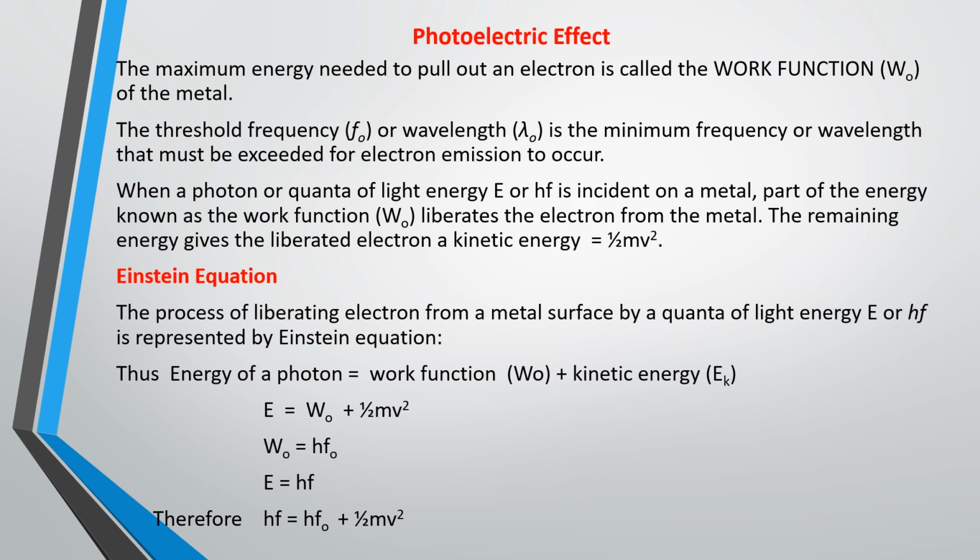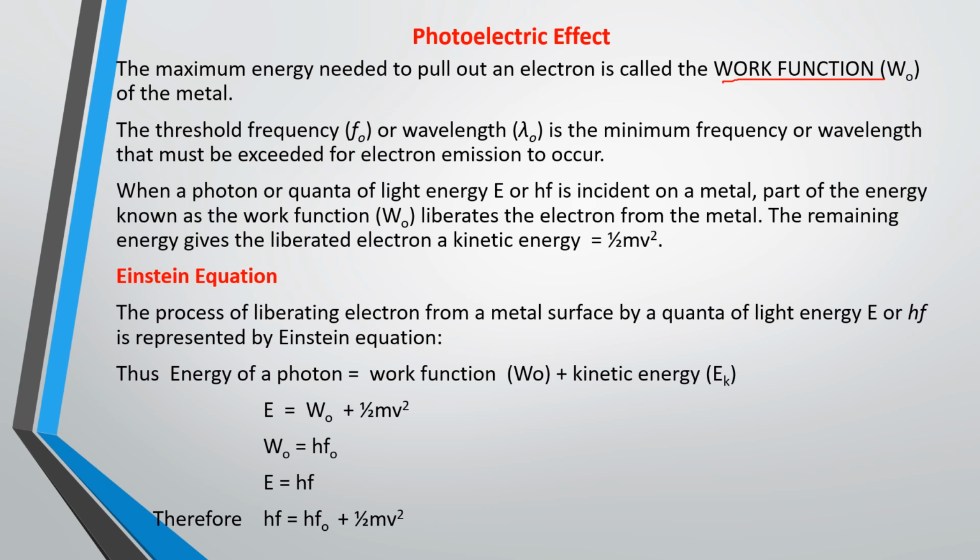So another thing that I want to look at is the work function. The maximum energy needed to pull out an electron from the surface of the metal is called the work function of the metal. So take note of this. The work function W0 is the maximum energy needed to pull an electron from the surface of the metal.